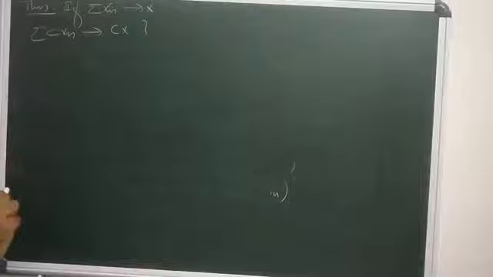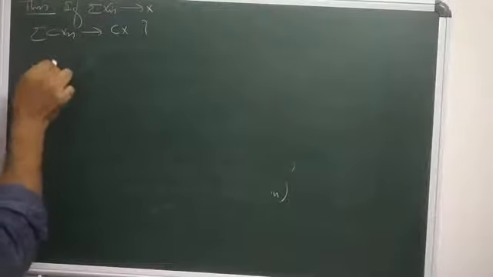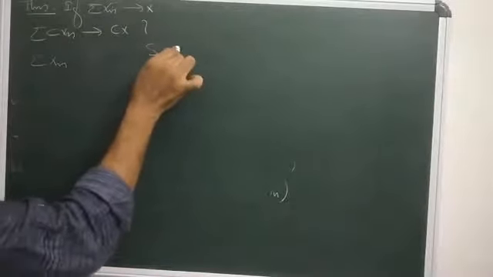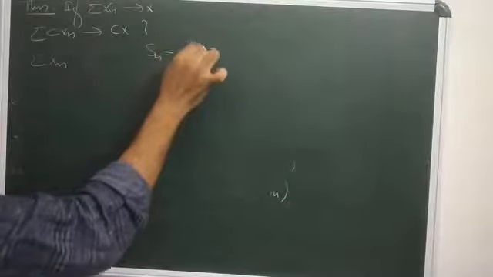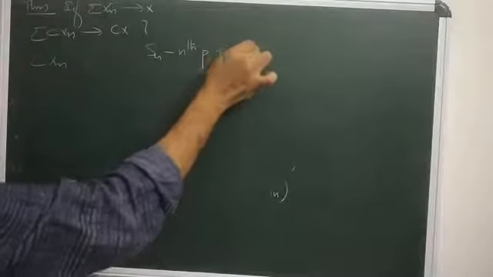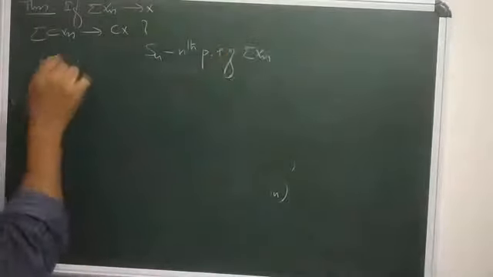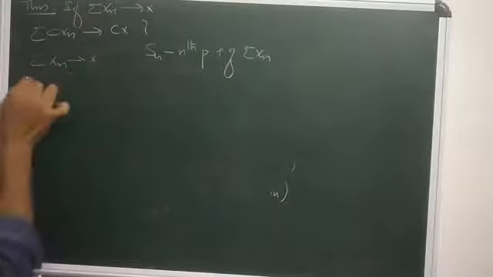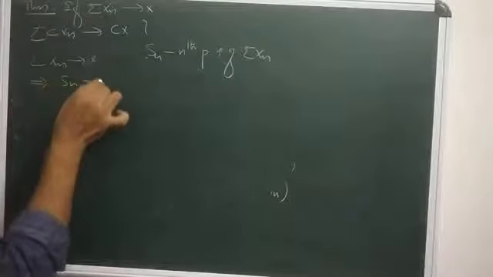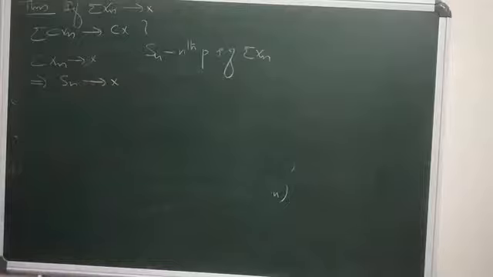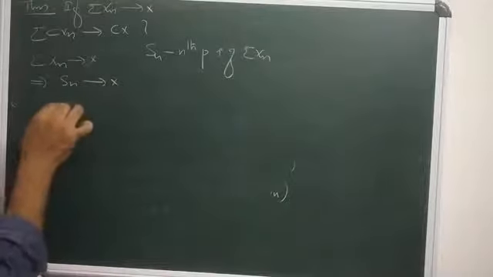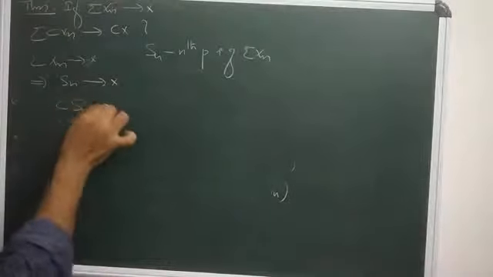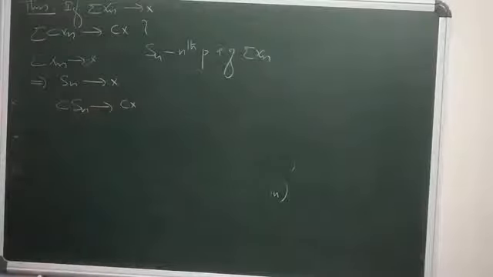By the same argument. We know that Sn is the nth partial sum of sigma xn. Then sigma xn converges to x means this Sn converges to x. Since c is a positive quantity, c into Sn converges to cx.